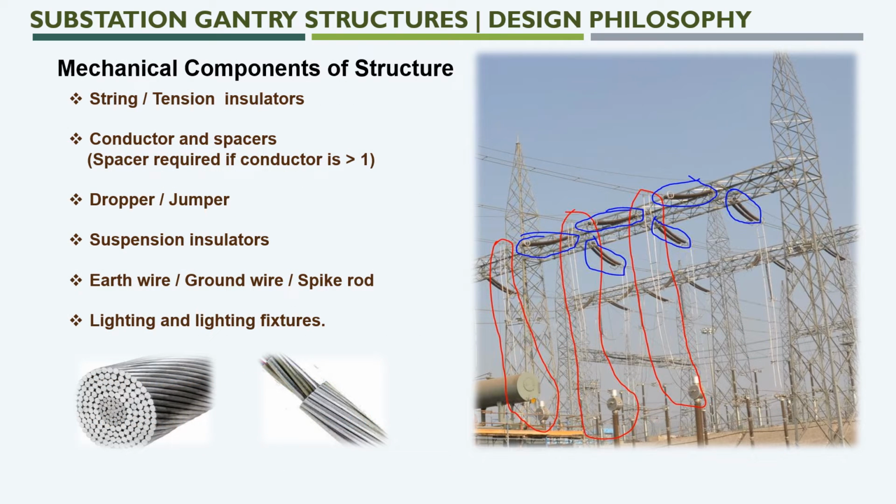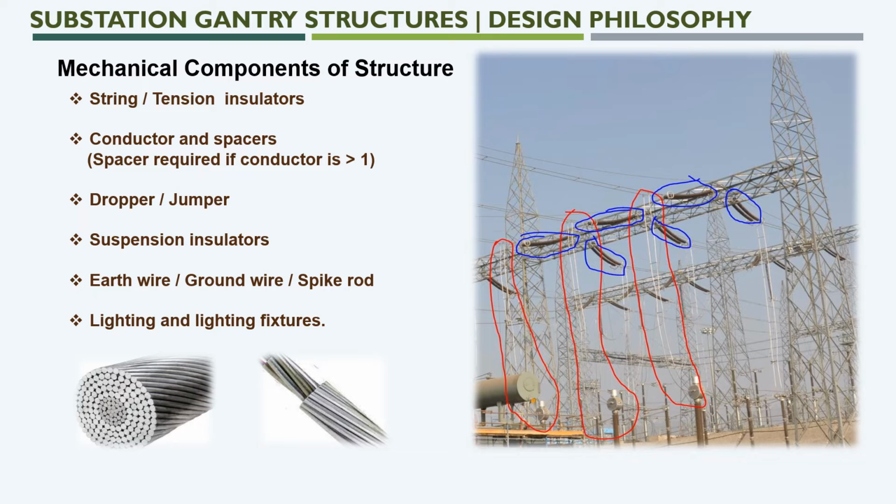So next, the philosophy we need to find out is the mechanical components of structures. For gantry structures, these are the mechanical components. Start with the string or tension insulators, conductors and their spacers. Generally a spacer is not required if there is only a single conductor.